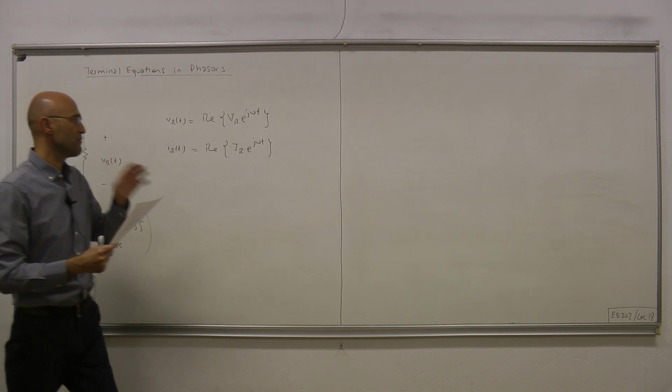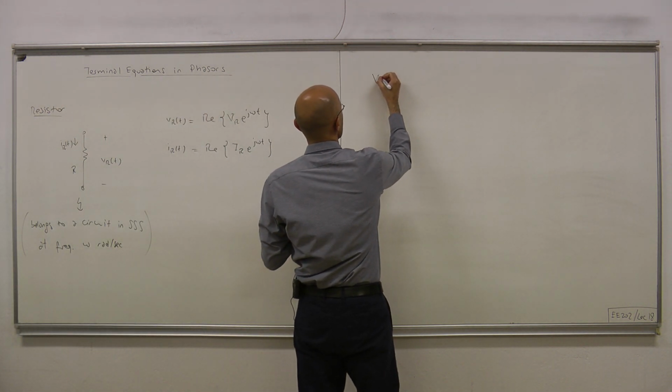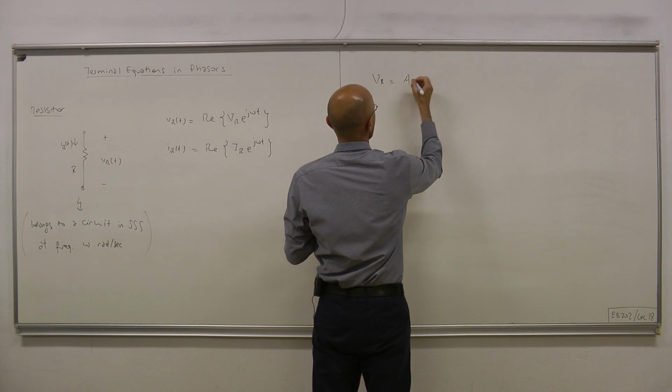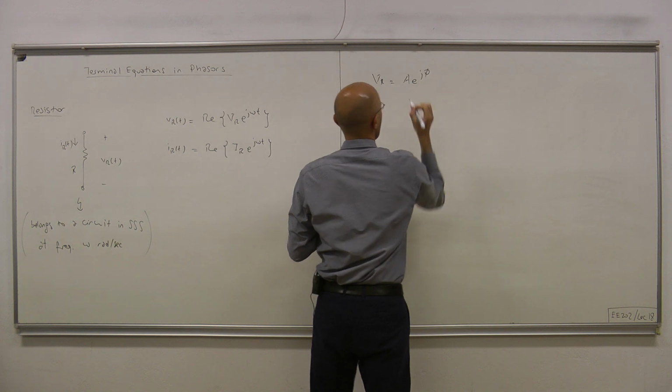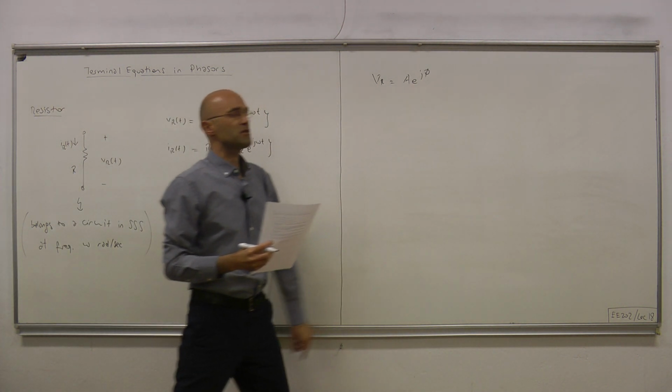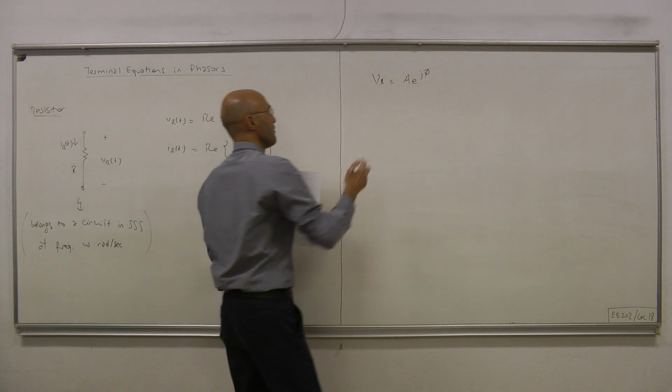Okay, so for instance, if VR is in polar form, it has this representation: the magnitude times e to the j phi.